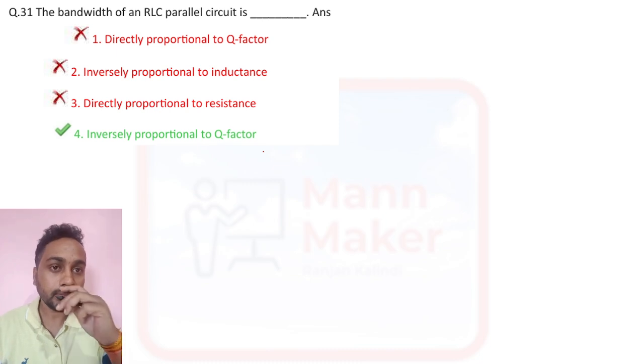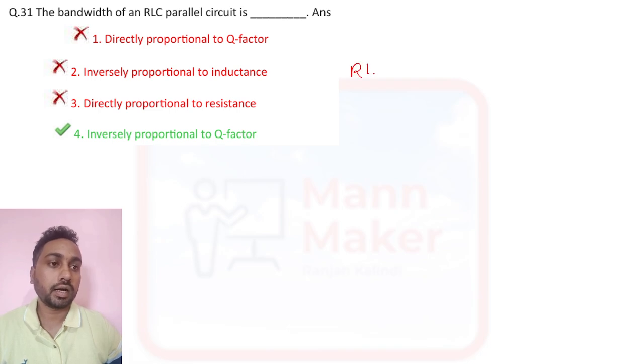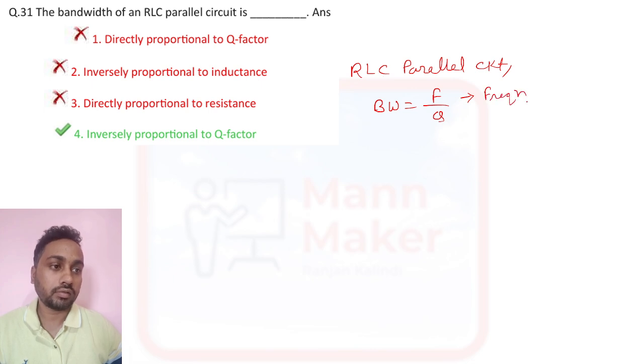The bandwidth of an RLC parallel circuit is asked. We have a resistor, inductor and capacitor in a parallel circuit. If you see the relation for the RLC parallel circuit with bandwidth, bandwidth is F by Q, where F is your frequency and Q is the quality factor.